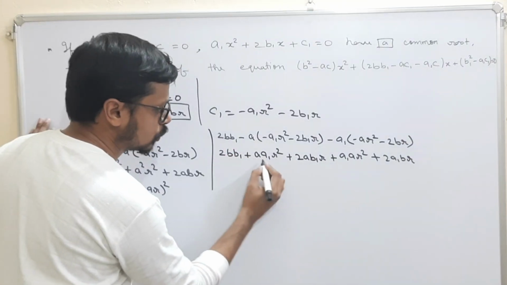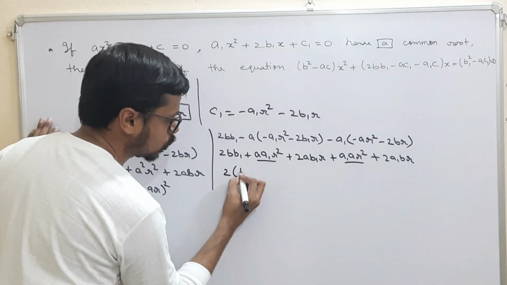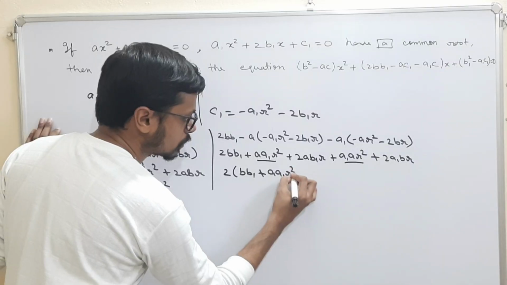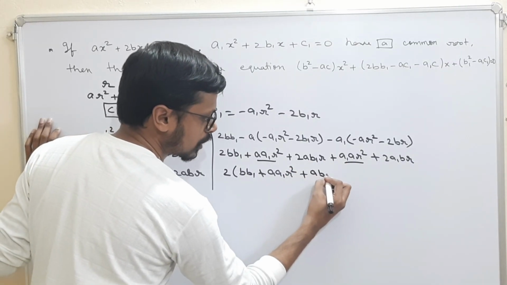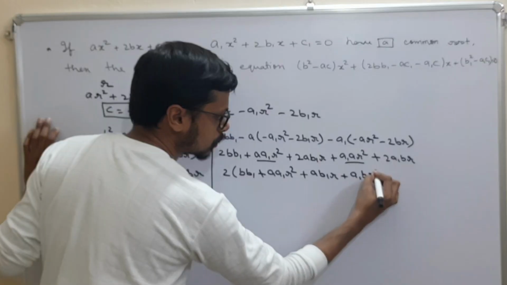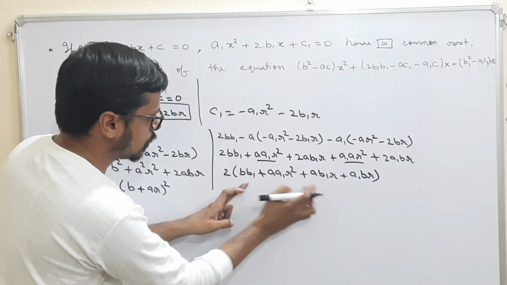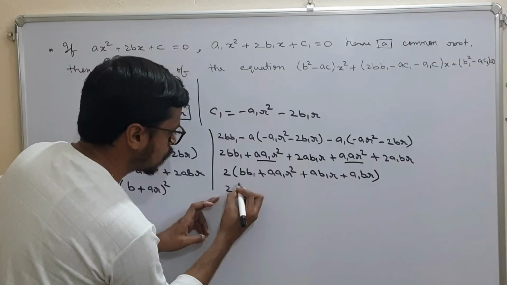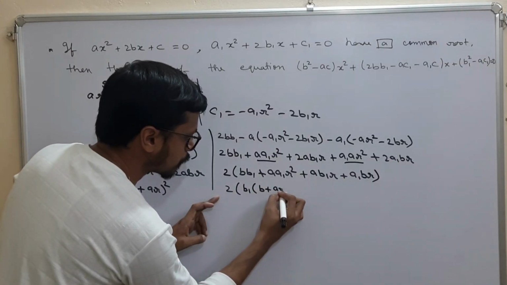After this, what we have to do: this one and this one you can see are the same. So we can write it as, after taking 2 common, b1 b plus a1 a r square, and here in this we are taking 2 common, so ab1r will remain, and here plus a1br will remain. Okay. Now in this one, b1 and ab1r, can we take b1 common? If we take b1 common here, what will remain here? b plus ar.